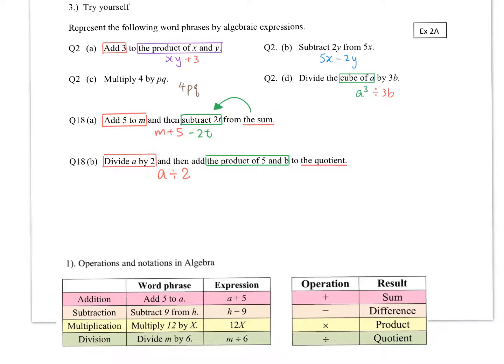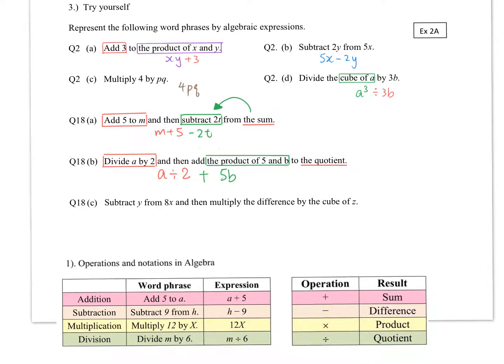Now we say and then add the product of 5b. Add actually is plus. This is this side. Add the product of 5b to the quotient, and a divided by 2 is actually the quotient because division comes first, so we can add 5b after.